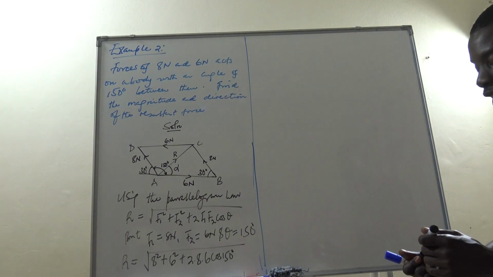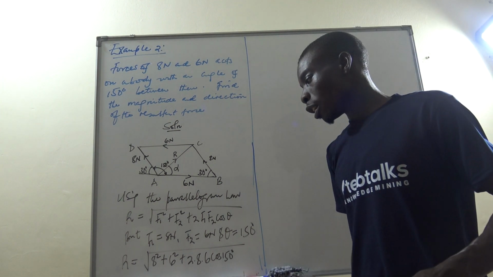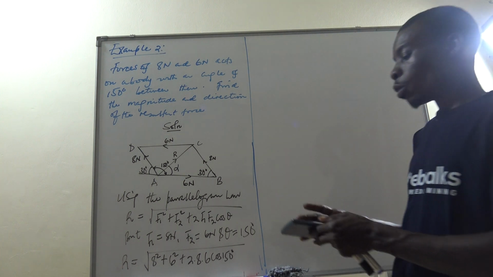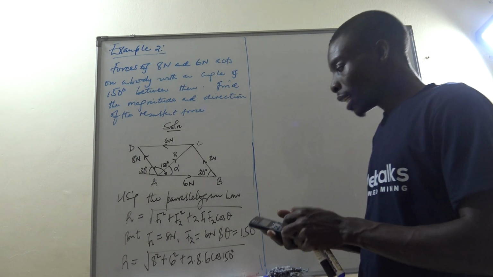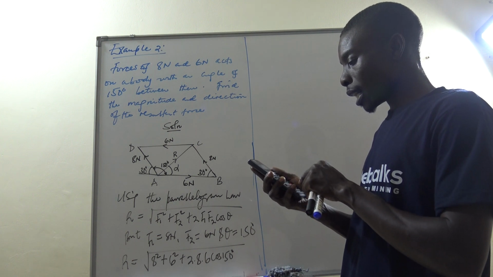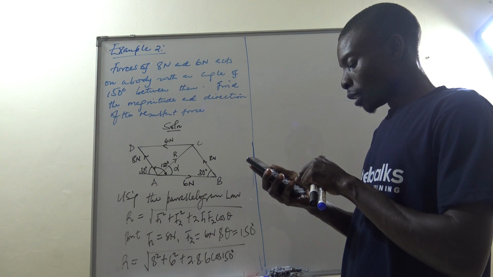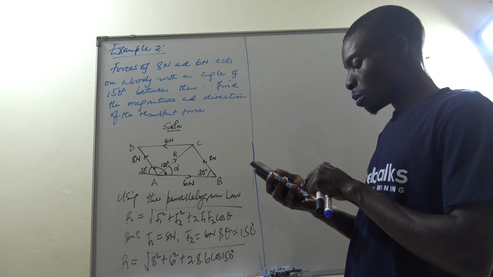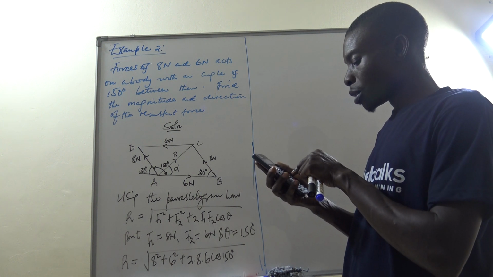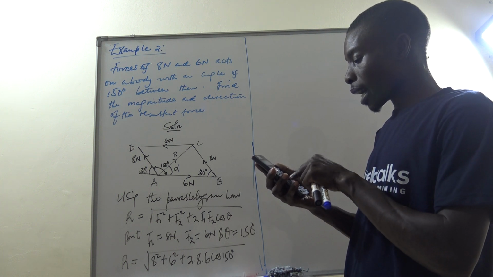Please pick your calculator and press the value and see what happens. It is 8 squared plus 6 squared, plus, open bracket, 2 times 6 times 8 times cos of 150, close the bracket.